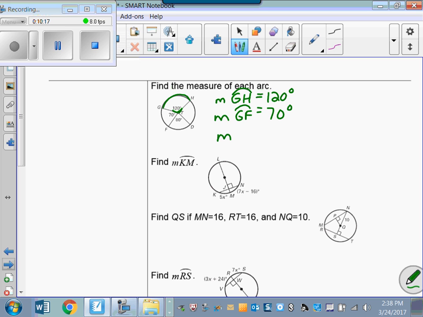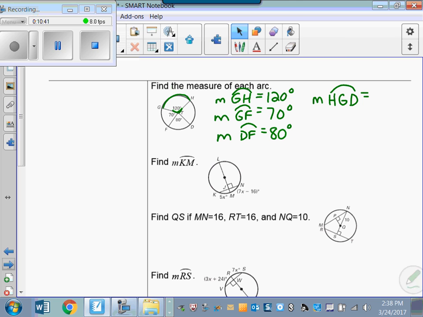The measure of arc DF is 80 degrees. Let's get one of the major arcs. We're not going to list them all, but let's take one of the major ones. How about the measure of arc HGD? Well, what do I have to do? I just have to add all these up because HGD is right here.